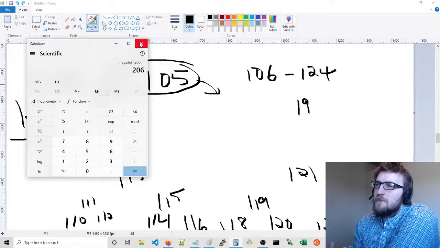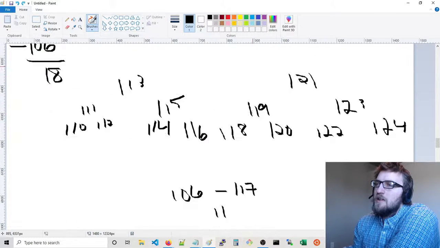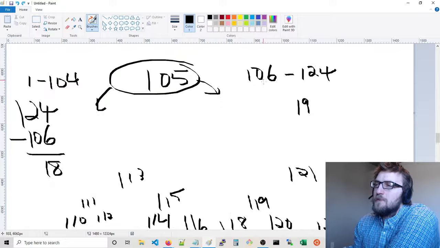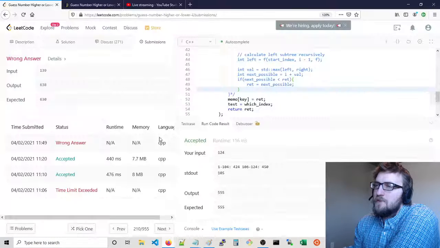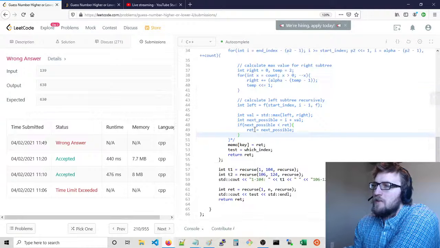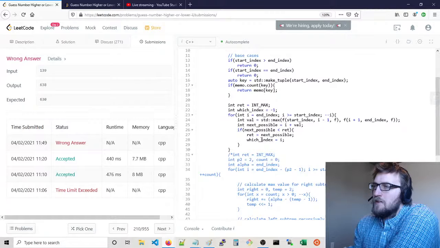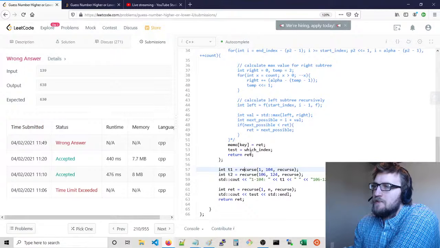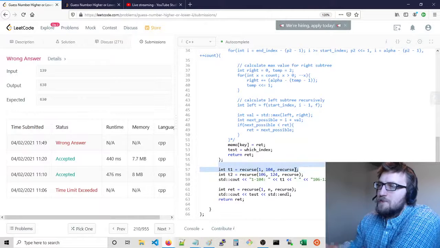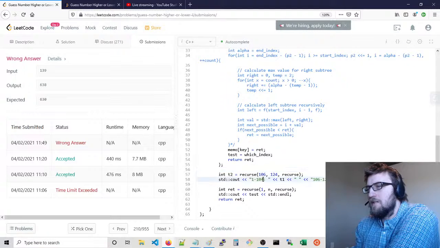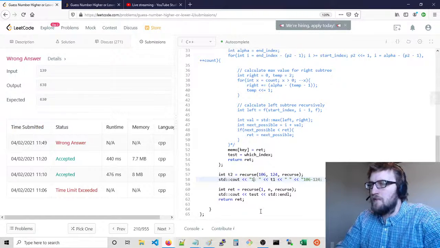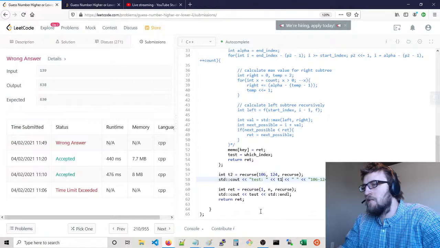We actually won't be able to do it that way. Let me say 106 to 124. Let's actually do a few routines. So we said test will be set to which index, right? We'll do 106 to 124 and print test. It's really the root.